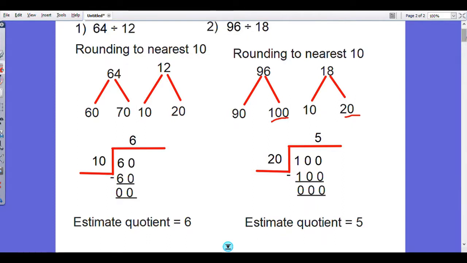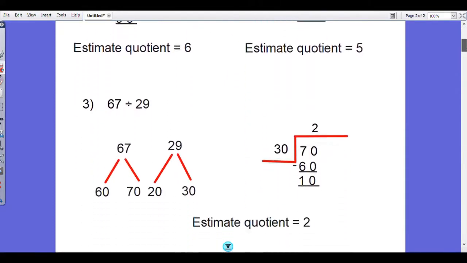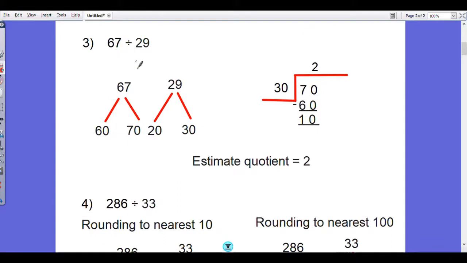Now the next, third question. Again a two-digit number, 67 divided by 29. 67 is in between 60 and 70, and 29 is in between 20 and 30. If you round 67, it will become 70.